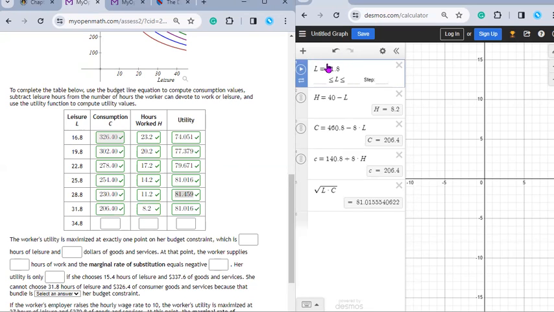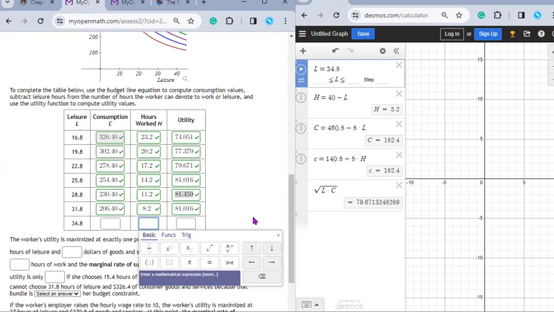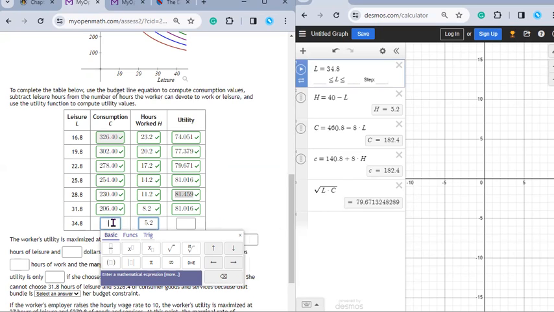All right, now we're going to make leisure 34.8. Now leisure is not scarce, right? You've got a superabundance of leisure. Your earnings have dropped off because you're only working 5.2 hours a week now. So now consumer goods are becoming very scarce. Maybe now you're switching from hamburgers at McDonald's to top ramen.